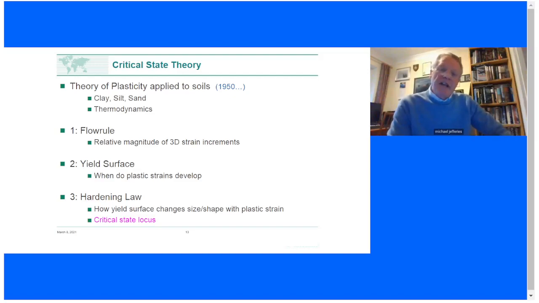Critical state theory is an instance of the mathematical theory of plasticity, the instance when we apply that mathematical theory to soils. Think back to when you first learned soil mechanics and did some soil mechanics labs, maybe a shear box or a triaxial test, where you usually just load them up.